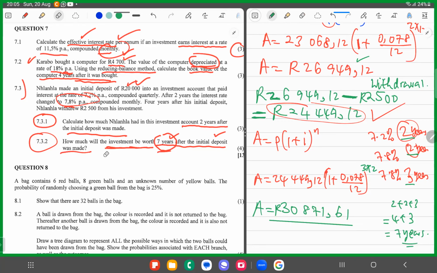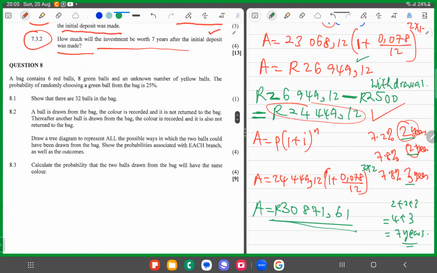Because the question was how much will the investment be worth 7 years after the initial deposit was made? So 7 years after the initial deposit was made, the investment will be worth 30,871 Rand and 61 cents.